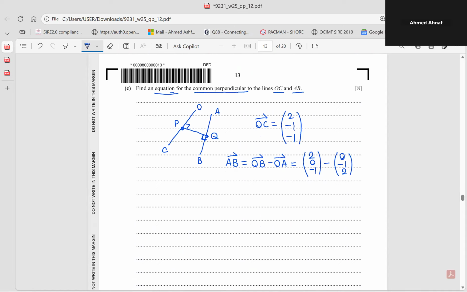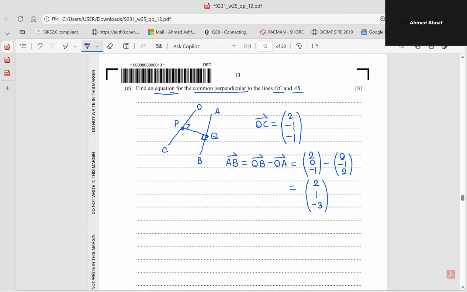And this is 2 minus 0 is 2, 0 minus negative 1 is 1, and minus 1 minus 2 is minus 3. Okay, yeah, so this is AB.